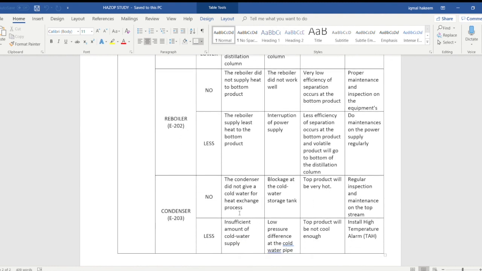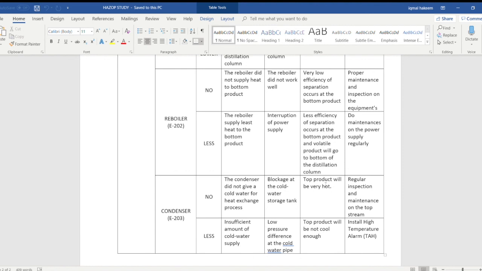And last one will be the condenser. For example, the condenser will have no or less. No or less stands for no cold water supply and less cold water supply to chill the stream. So for example, if no cold water supply at all, what's the main cause of it? It will be the blockage at the cold water storage tank.